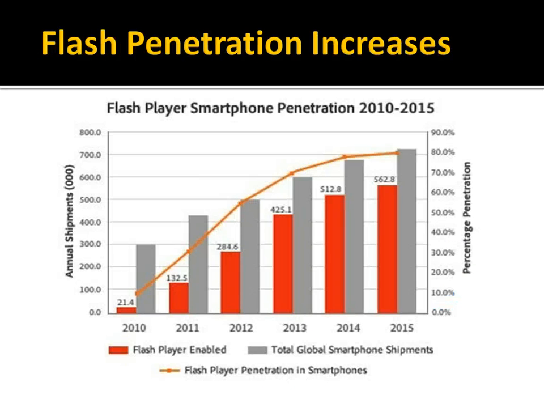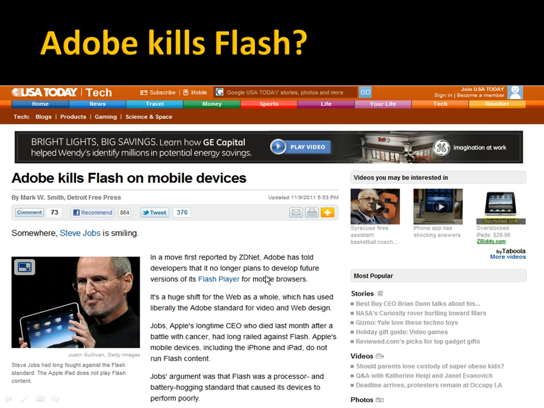Now, one of the things about Flash penetration is that Flash has been enabled on many more devices, but you've seen that it's kind of ramped off a little bit, and probably the reason that it has ramped off here is because the other devices are iOS, most likely. Now, you've heard that Adobe has killed Flash on mobile devices, but it's very important to understand what they actually said.